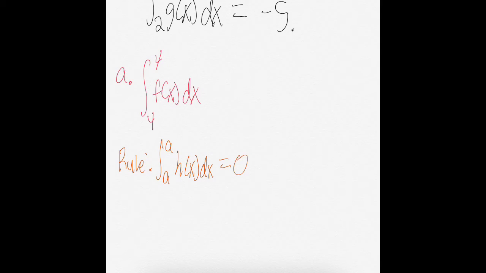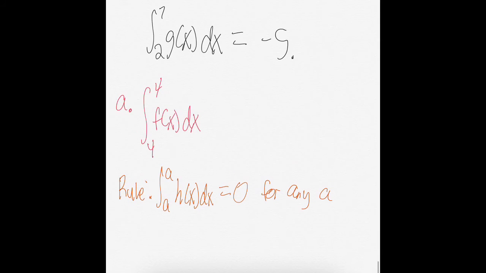So first we're asked to evaluate the integral from 4 to 4 of f of x dx. The rule which is going to be relevant here is the following, which is simply that the integral from a to a of h of x dx equals 0 for any a.